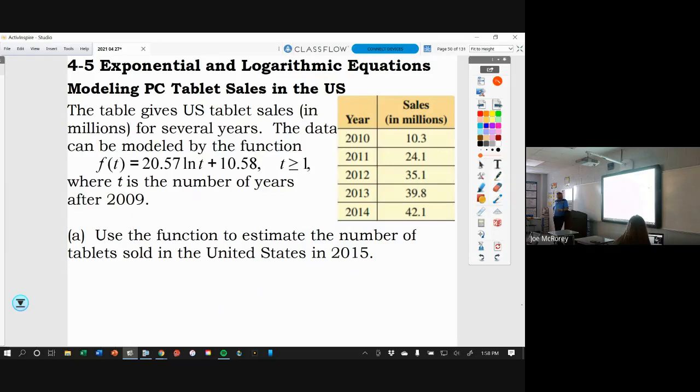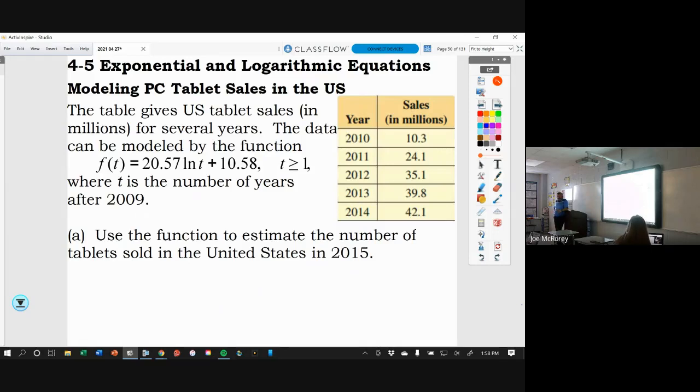Are we looking for a t value or are we looking for sales? So, we're looking for sales. So can't we just plug in 2010, 2011, 2012 and then all that into the calculator? Why are you doing that? It's already given us the equation.